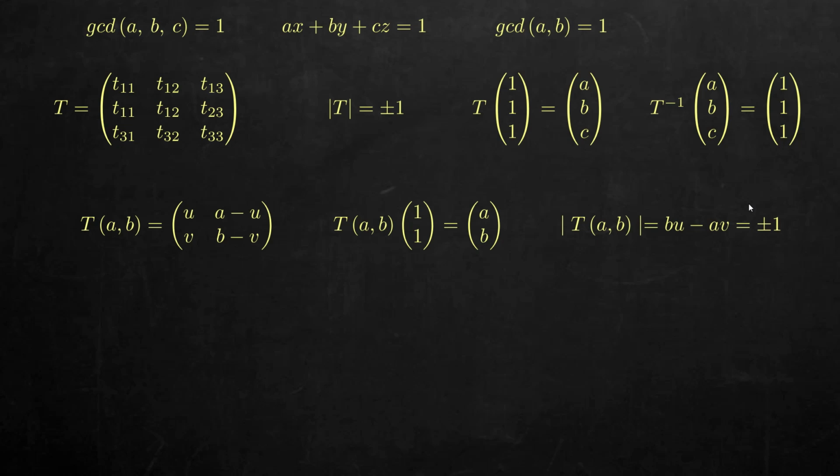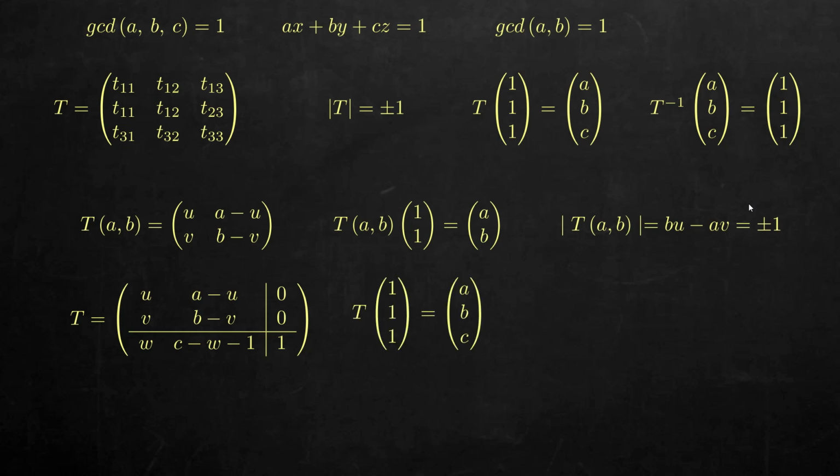Then we construct a block matrix with T of A and B in the top left block, zeros in the top right block, 1 in the bottom right corner, and the bottom left block ensuring the row sums equal C. So this matrix will map the vector 1, 1, 1 to the vector A, B, C.